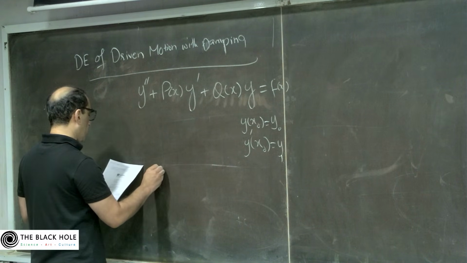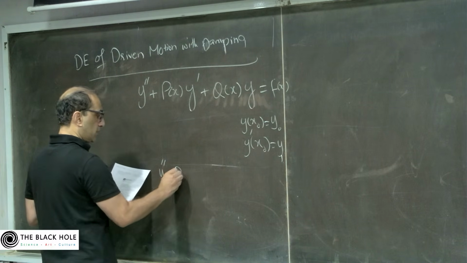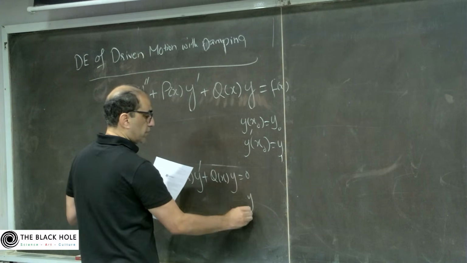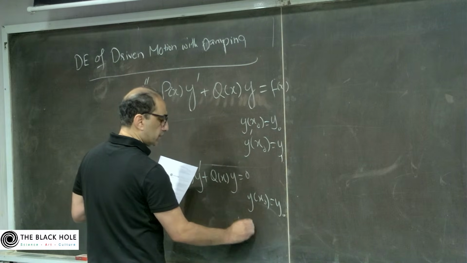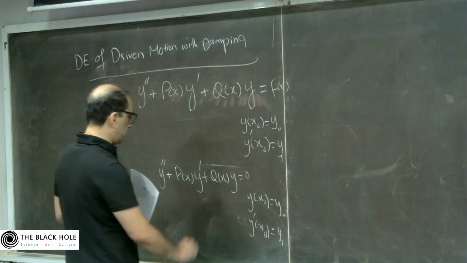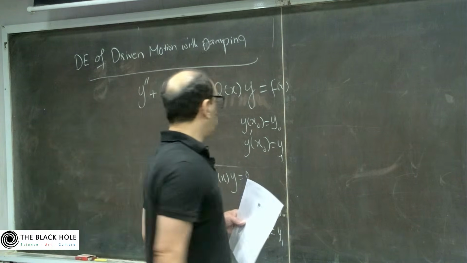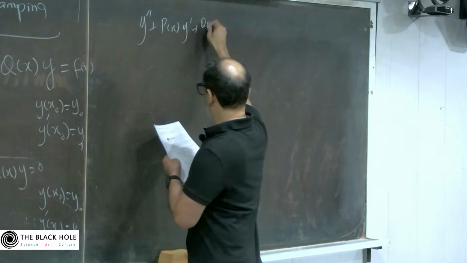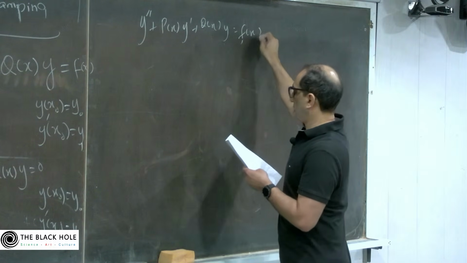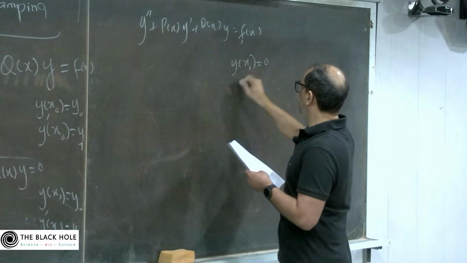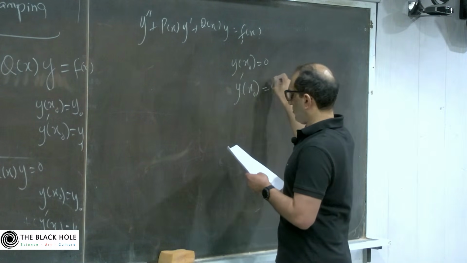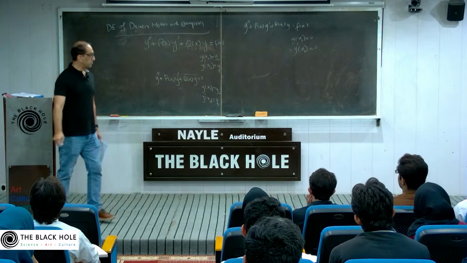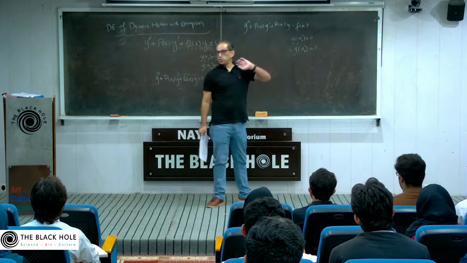First, we can write y'' + p(x) y' + q(x) y = 0 for y(x0) = y0 and y'(x0) = y1, and the particular solution y'' + p(x) y' + q(x) y = f(x) corresponding to the homogeneous initial value problem. Both are given to be 0 here.